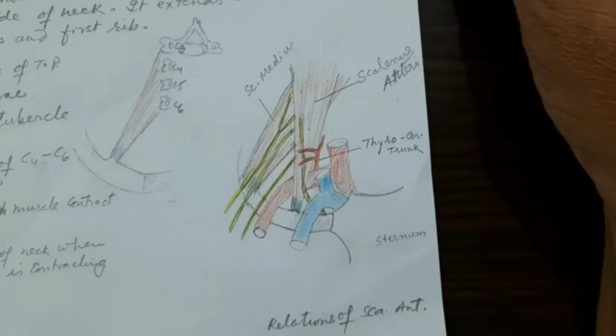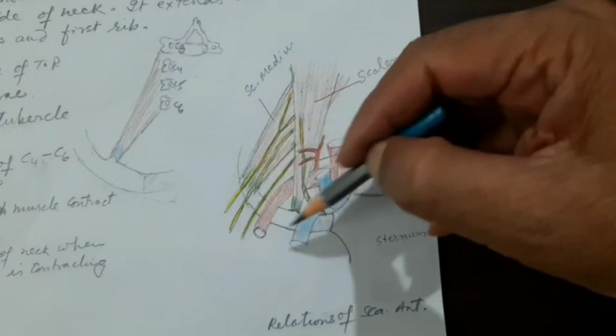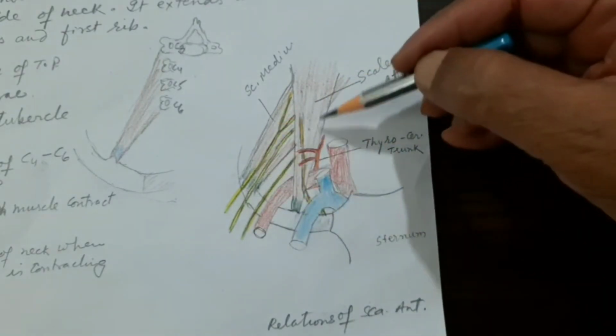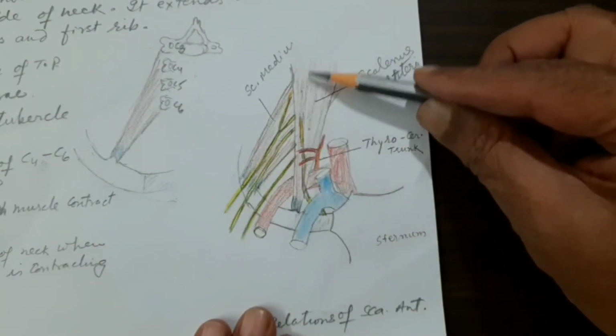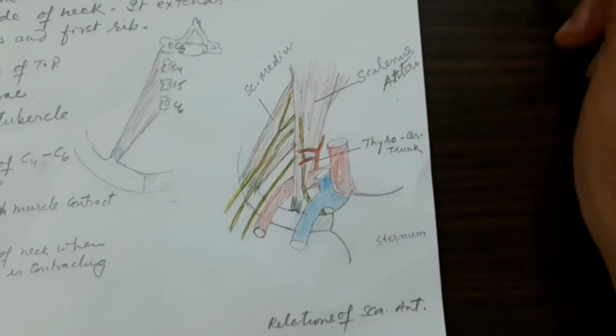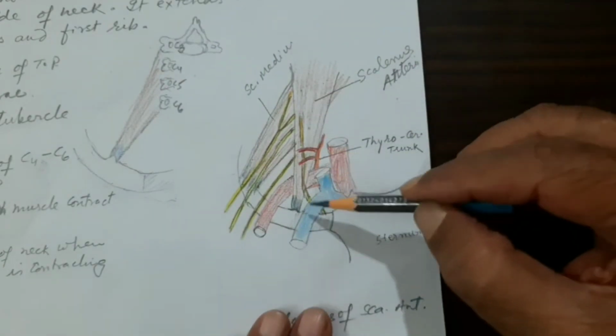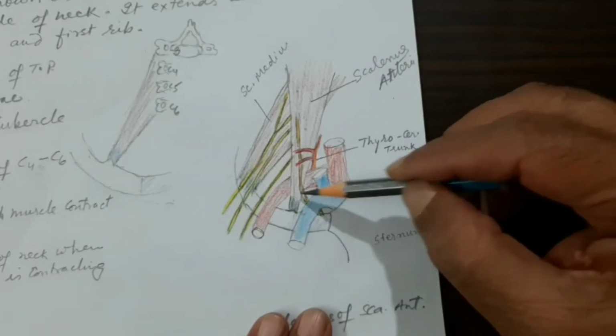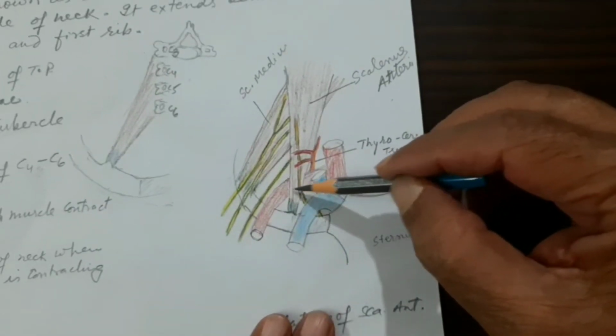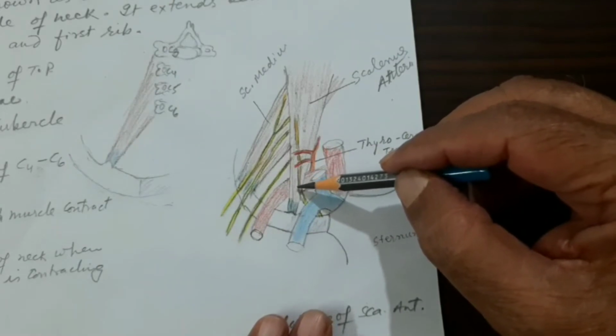Okay, right. Now I hope you have understood this diagram, and let us see the anterior relations of this Scalenus anterior muscle. It is under cover of the clavicle, because the clavicle we have removed from here, the clavicular notch.